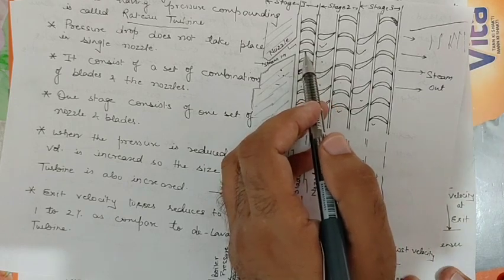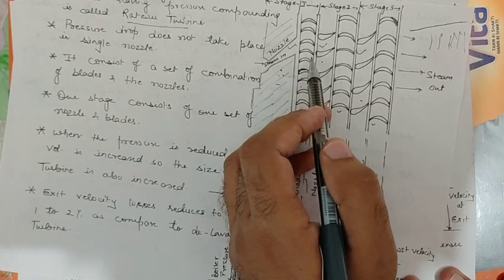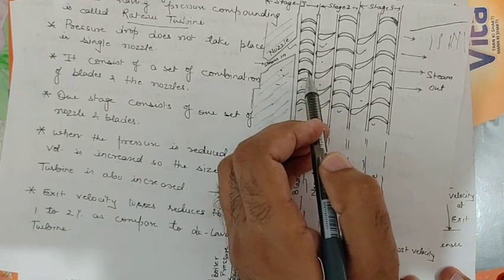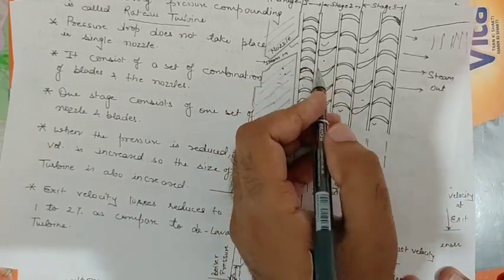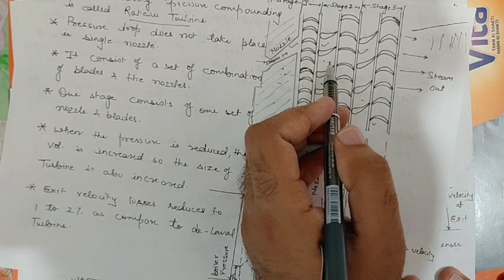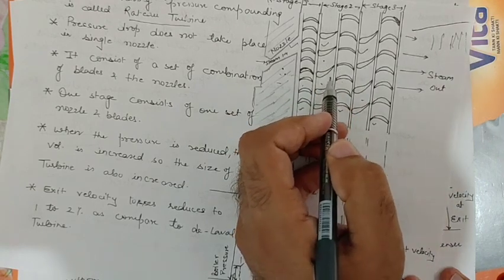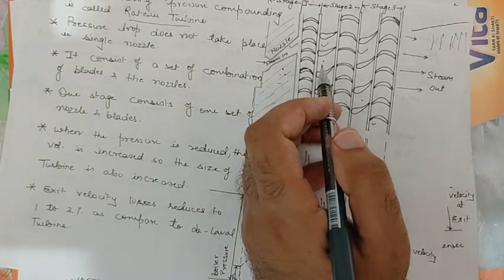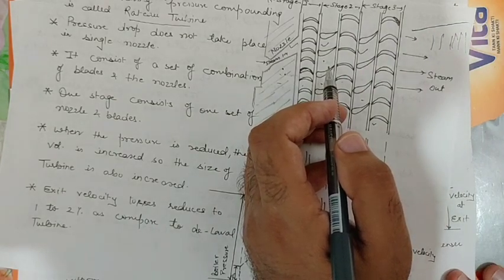However, when the steam is passed through the moving blade, velocity is absorbed by the moving blade, but the pressure remains constant. After this, the steam is again passed to the fixed blade, and then again there is some partial expansion of steam.